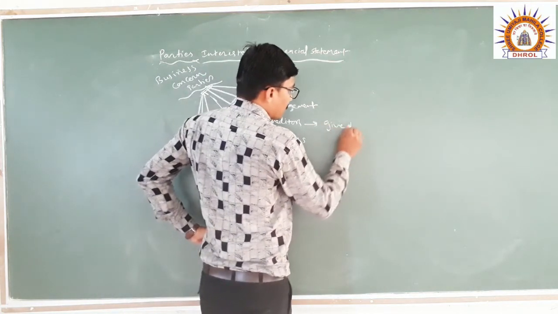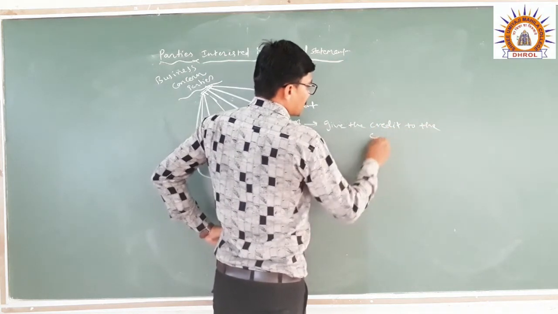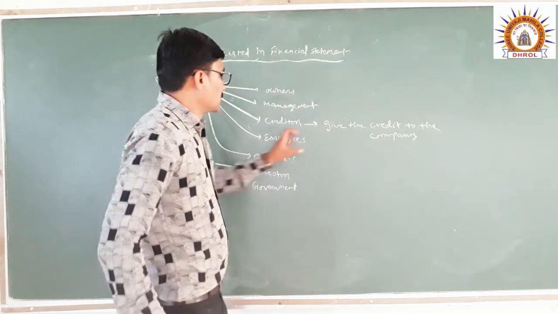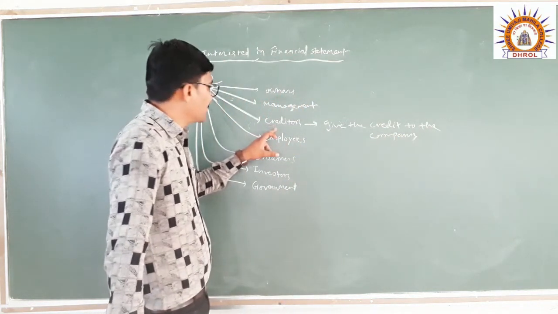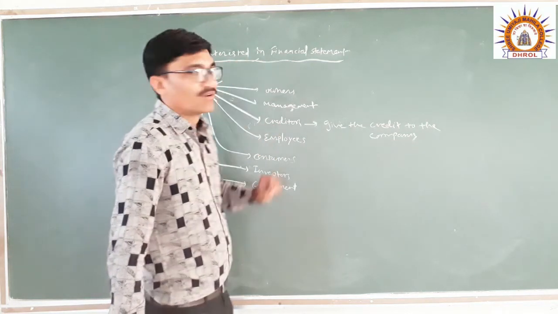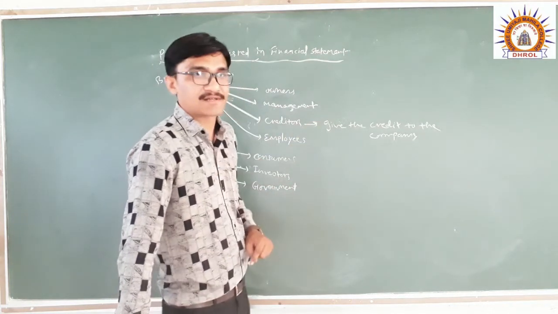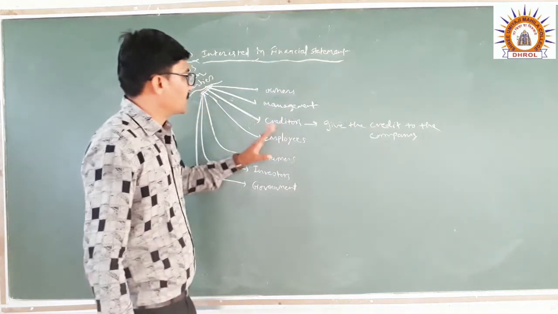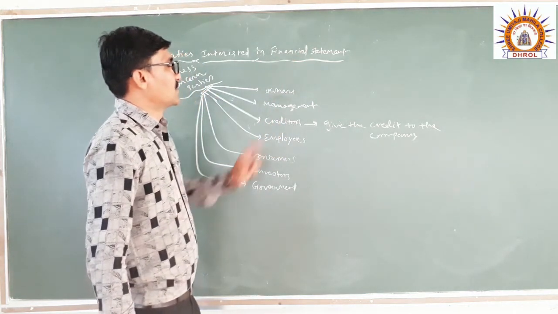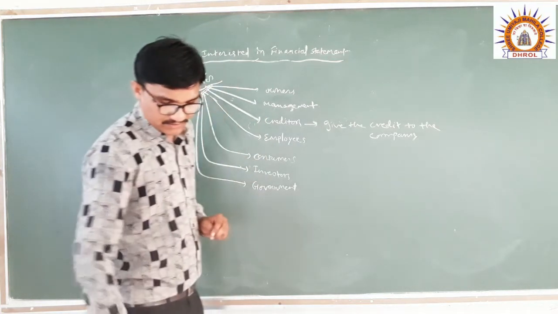Again I repeat, the creditors are parties or persons interested in knowing the financial statement of the company to which they give credit. So for that purpose, the creditors want to know the financial statement of the company to which credit is given.